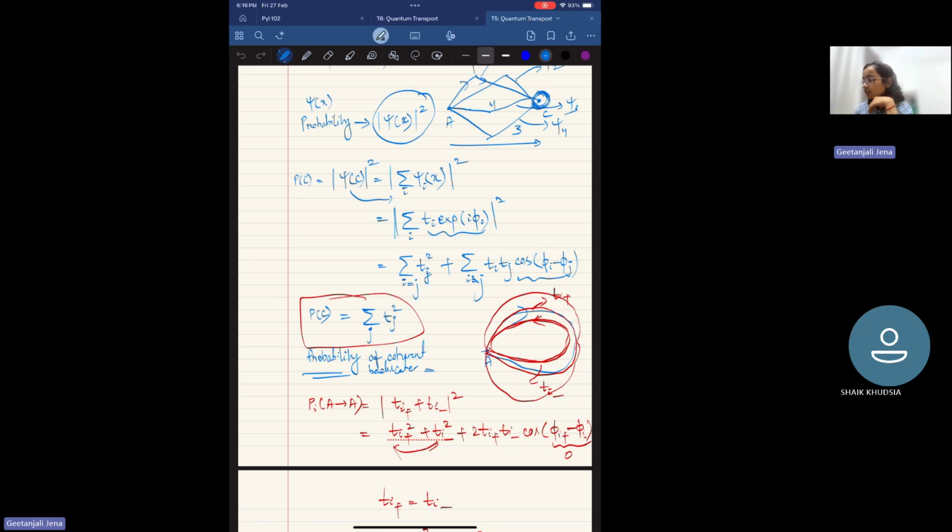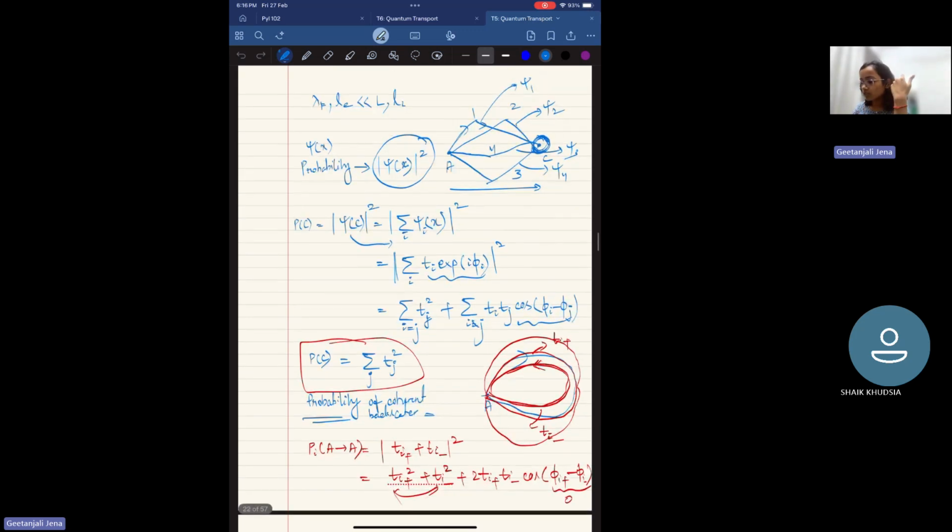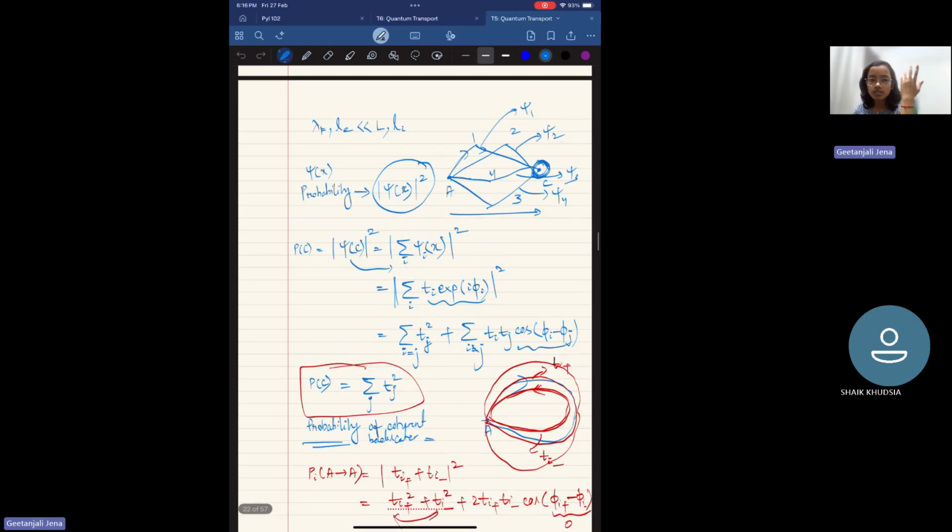So to find out the probability of the forward direction, if you recall, probability is nothing but the square of the wave function, right?